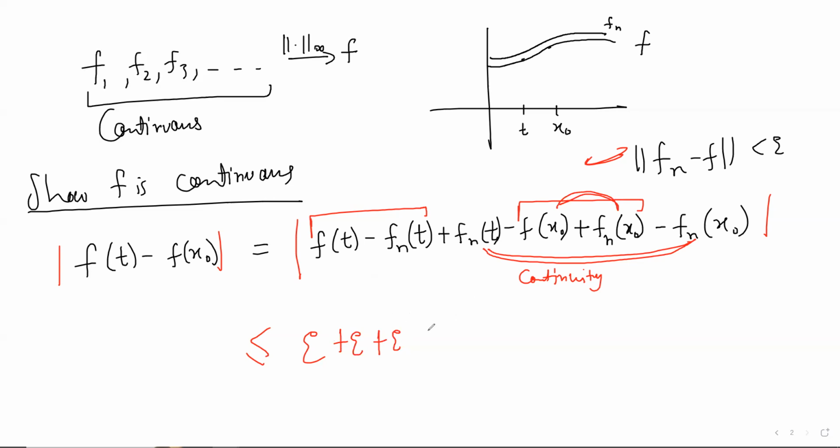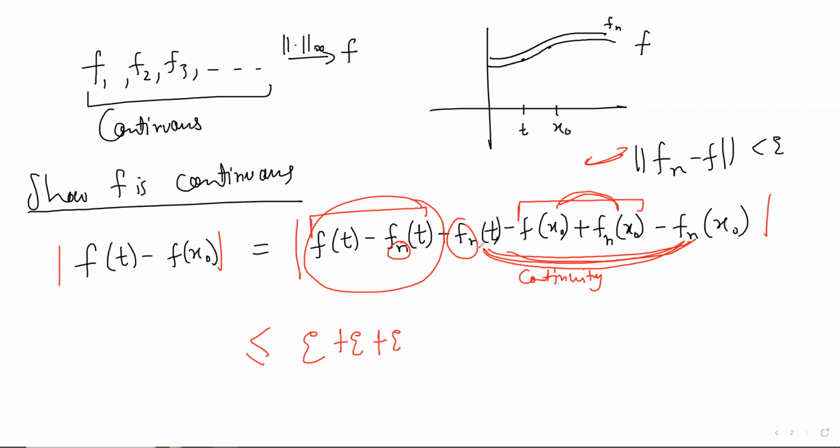Once you understand this clearly, then it's very easy. You want this thing to become small, and so you want a delta, right? So you want a delta so that it's small. But then you see, you want to make this epsilon small, and you get an n. Now for that fn, you have to find a delta so that this thing becomes small.